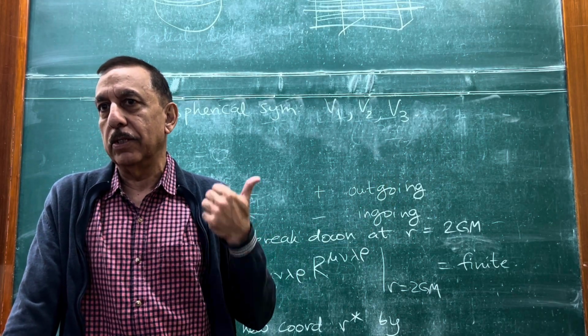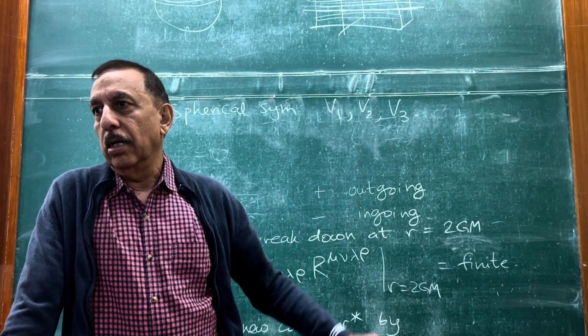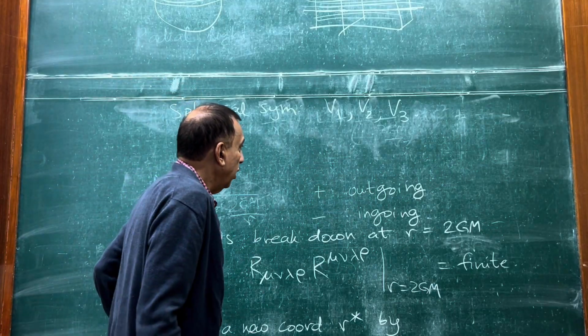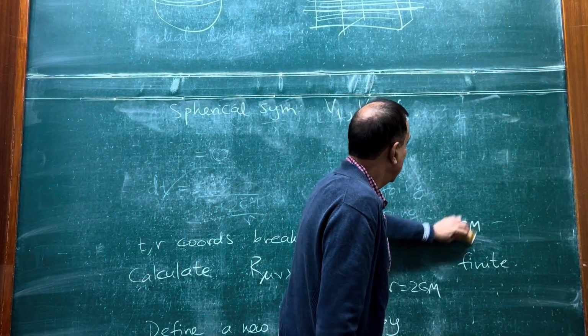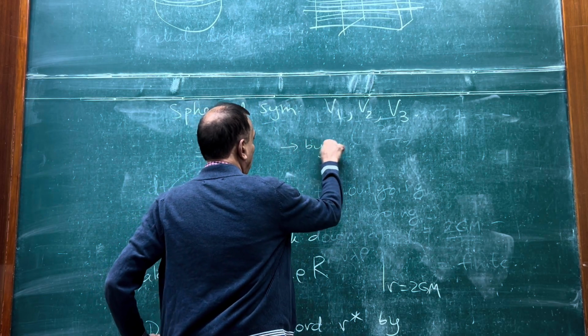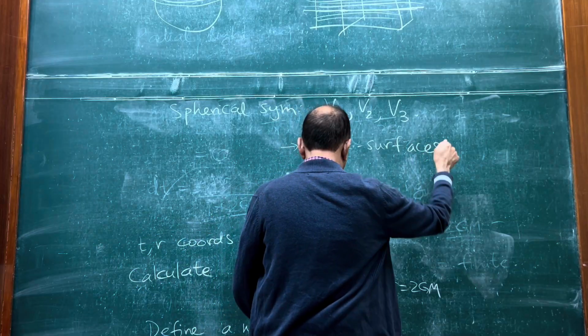So there are three steps: defining a distribution, defining a foliation, and then arguing that with a distribution we always have a foliation. And this time the foliation is going to be by two-surfaces.